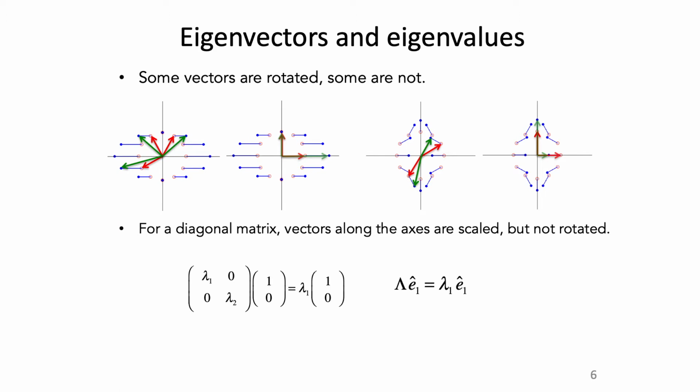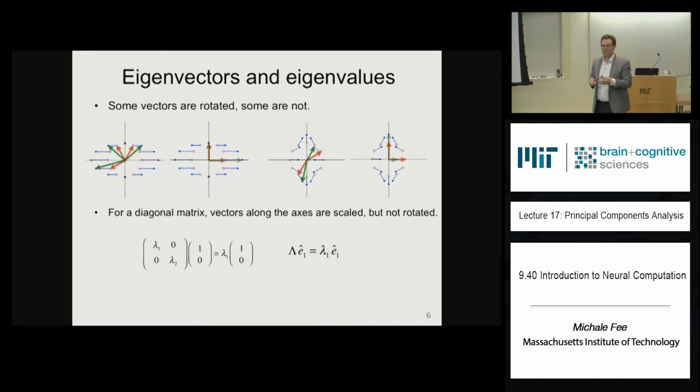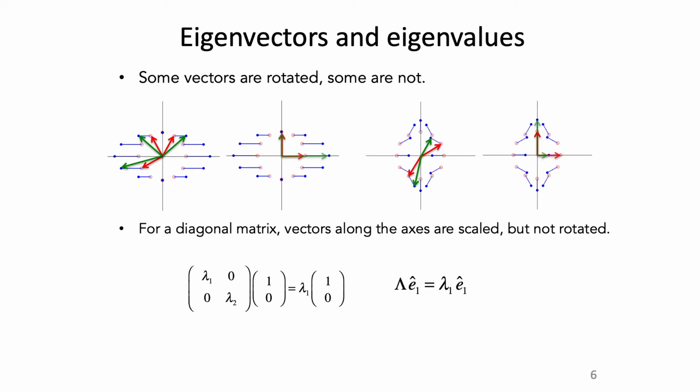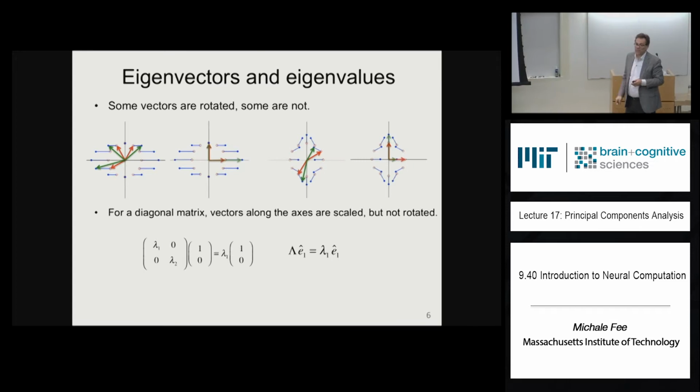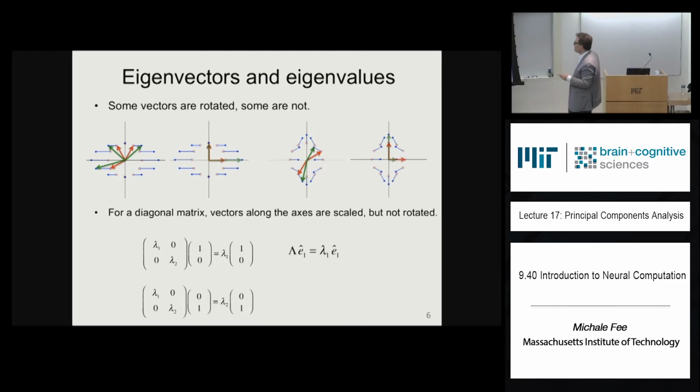So we can write this in matrix notation as this diagonal matrix, lambda, times a unit vector in the x direction, the first standard basis vector, is equal to lambda 1 times that unit vector in the x direction.